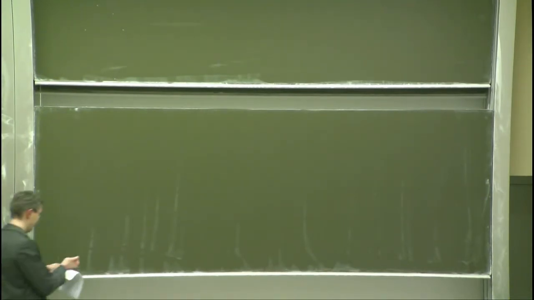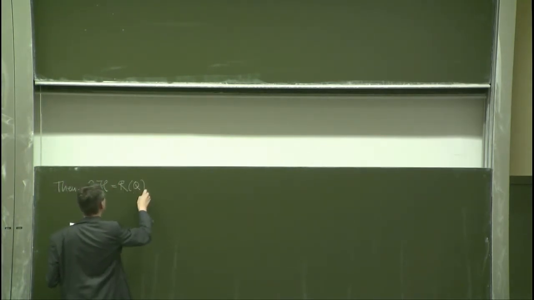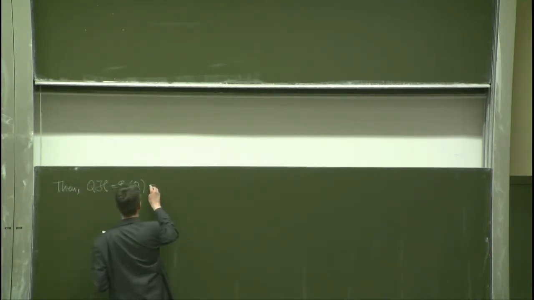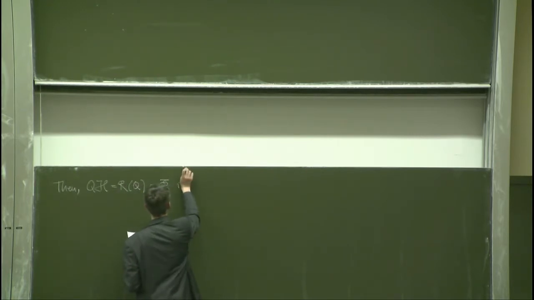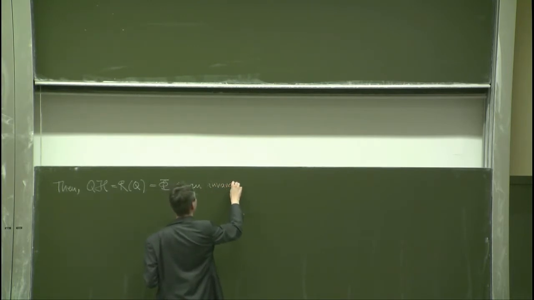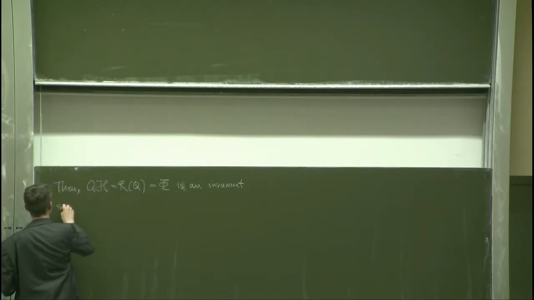Yeah, then we can conclude that if we apply this projection to the whole space H, we obtain the range of Q. This is the space Phi.